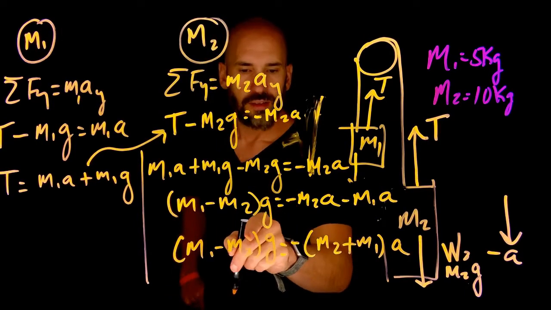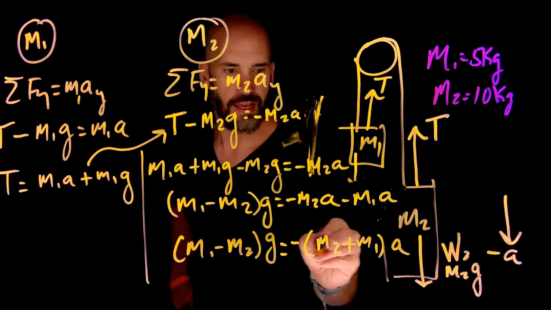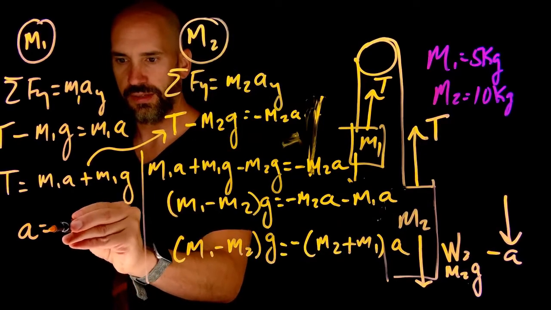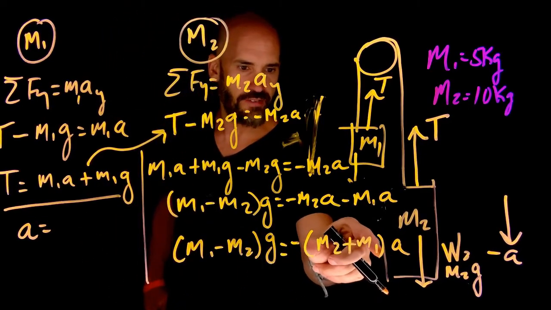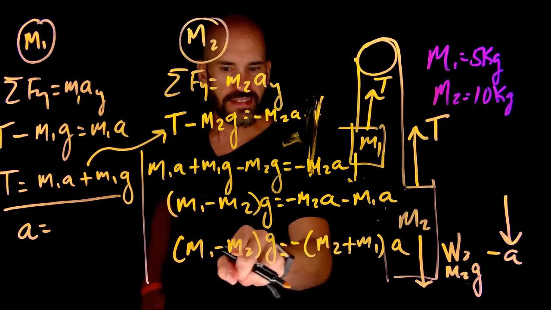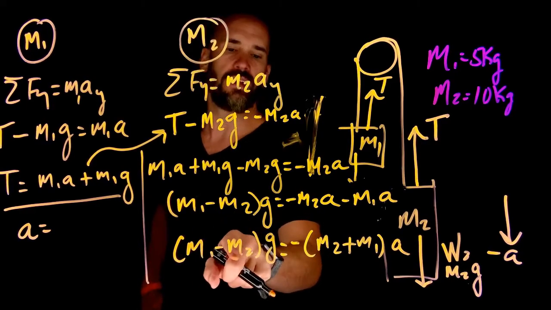Here's what I'm going to do. I'm going to go ahead and solve this equation for A, and I'm going to write it over here. So A equals, I just divide both sides by this negative M2 plus M1. But dividing by a negative is the same thing as flipping the order of these terms.